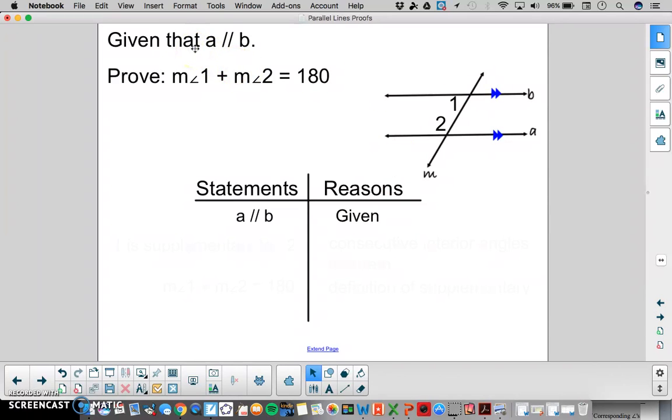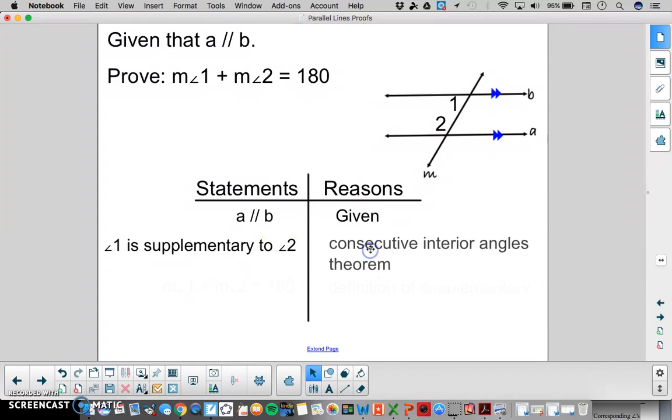Given that A is parallel to B, prove that the measure of angle 1 plus the measure of angle 2 is equal to 180. So let's develop our plan before we start our proof. Looking at the picture, we know angles 1 and 2 are same side interior angles. Based on our theorem, we know that makes those angles supplementary.